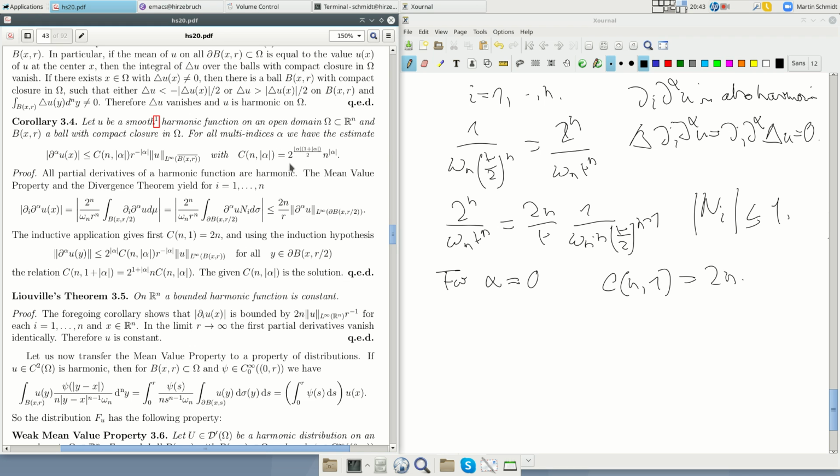This is well known, the summation formula. So for this reason we have this power of 2 and n to the power of alpha. Okay, so this is our formula, and this proves this theorem.